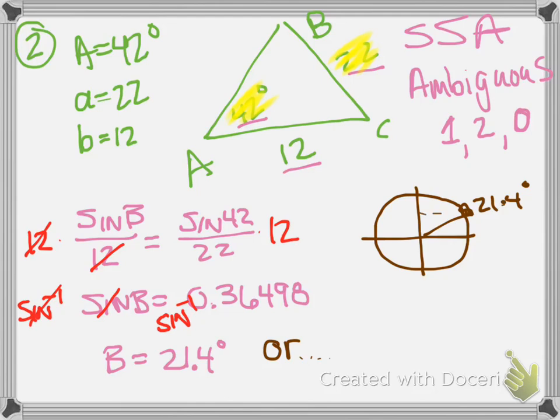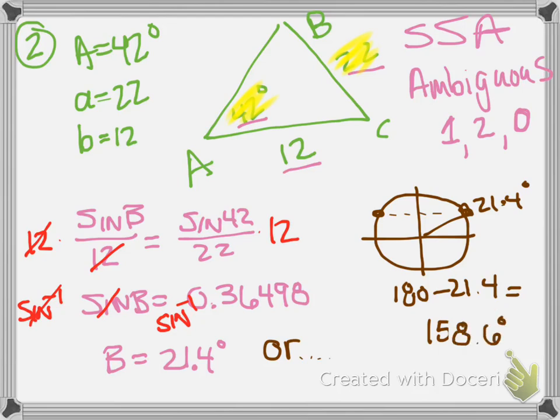All right, and the second answer is straight across, or 180 minus 21.4. So 180 minus 21.4 is 158.6. Actually, you know what? I don't even have to do that. Look, I can erase, make this look sweet.